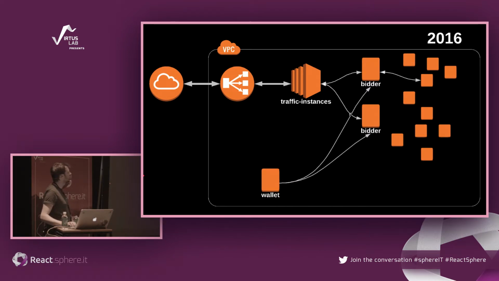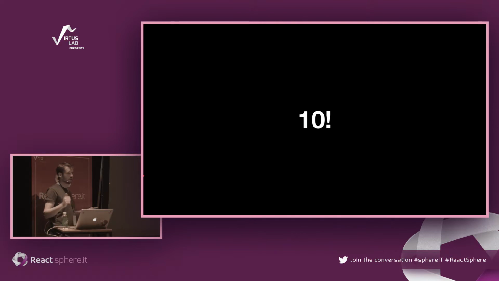In 2016, we ended up with 10 downstream connections to services, and we had to make calls to all of those services. We couldn't make this in parallel because each service could decide that it doesn't want to proceed with the request.